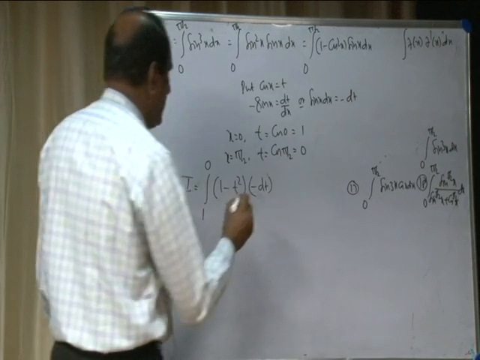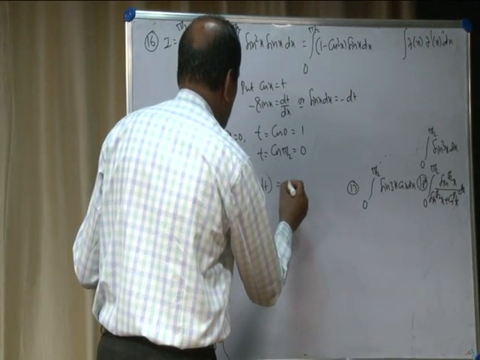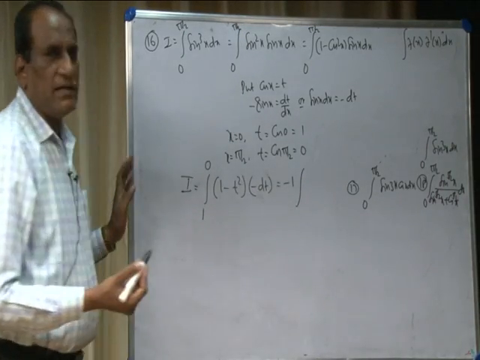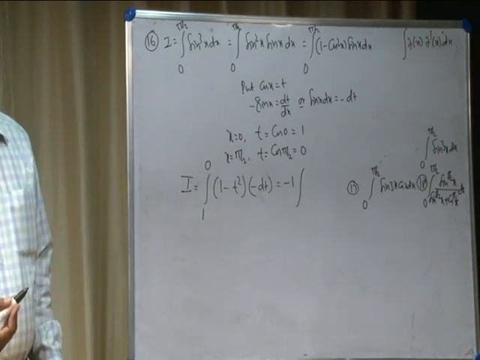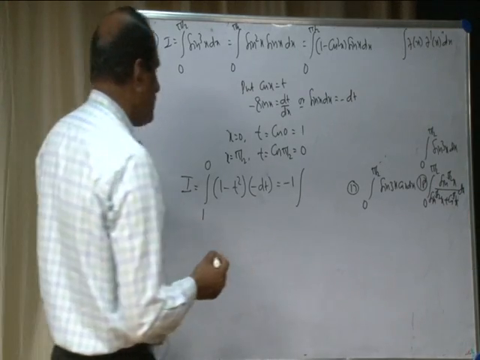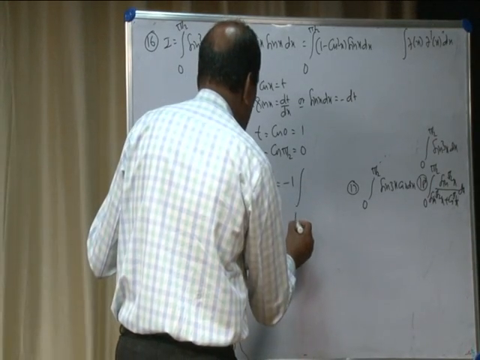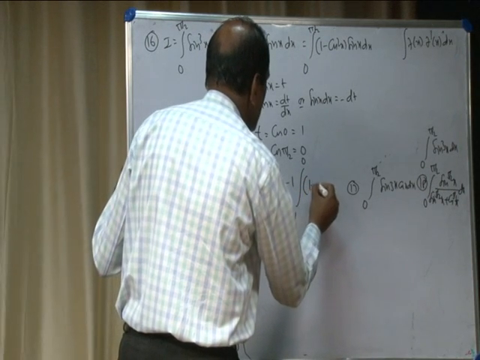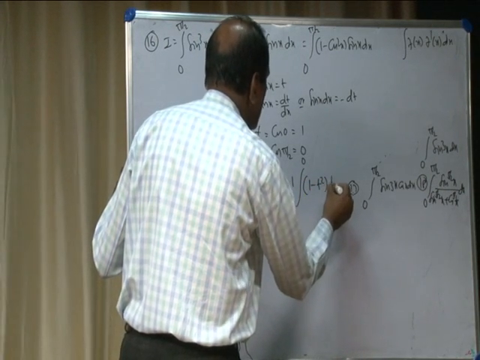So, minus is a constant, take it outside. Instead of minus, we can also write minus 1, so minus 1 into the integral from 1 to 0 of (1 minus t square) dt.